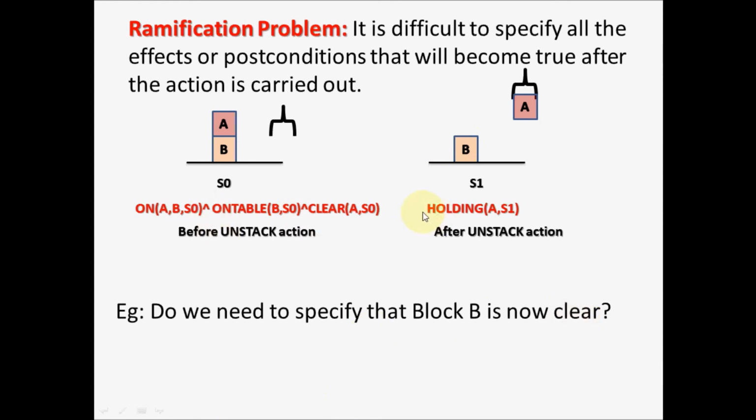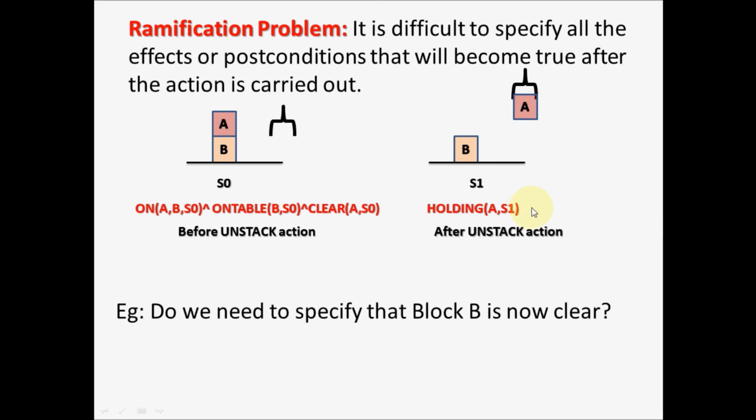Here, after the unstack action has occurred, according to Green's approach, the right hand side of that unstack action was having only the holding predicate. Now you see that after the robotic arm holds the block, it is still on the ground, but it is clear also.